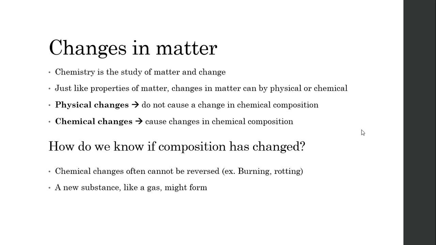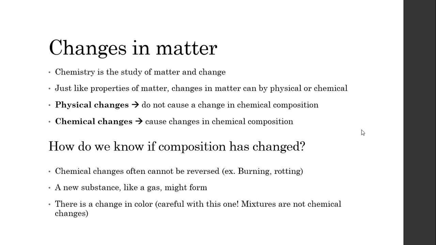If a new substance is formed, like a gas, then we know we had a reaction. That's a chemical change. And finally, if there's a change in color, I would just be careful with that one because sometimes if there's a mixture of two substances, that can cause a change in color. And that's not necessarily a chemical reaction that occurred. There was no change, it's just dissolving.